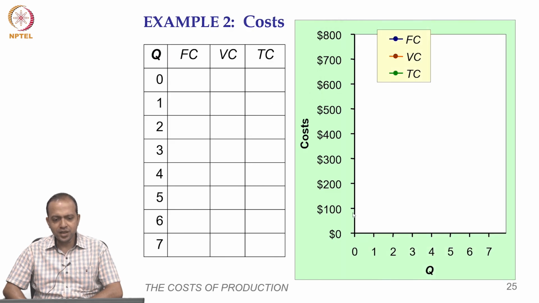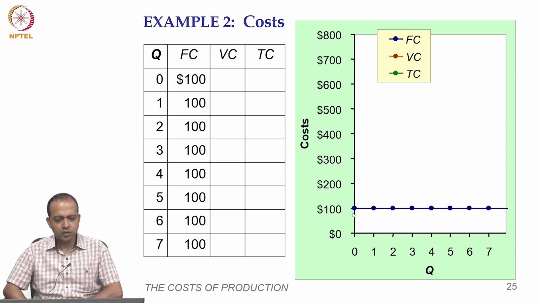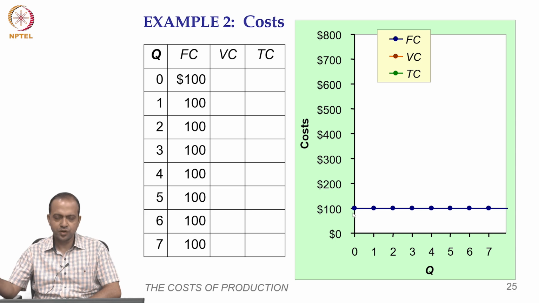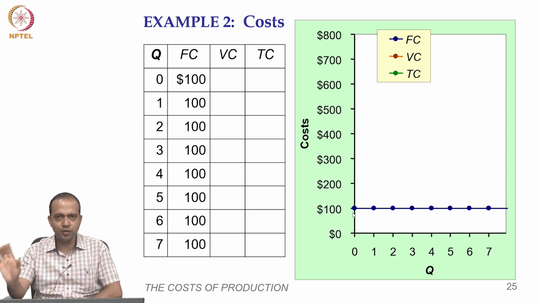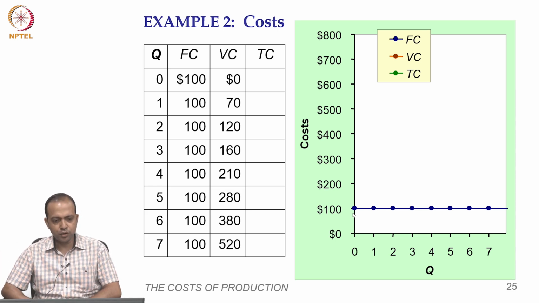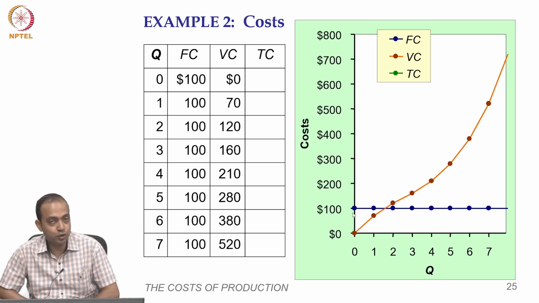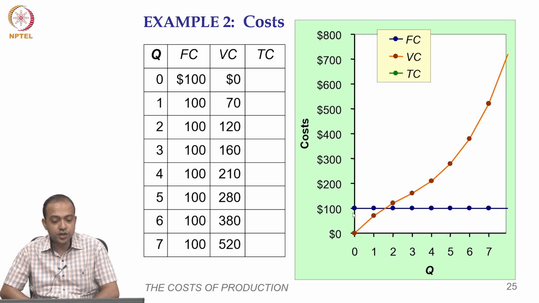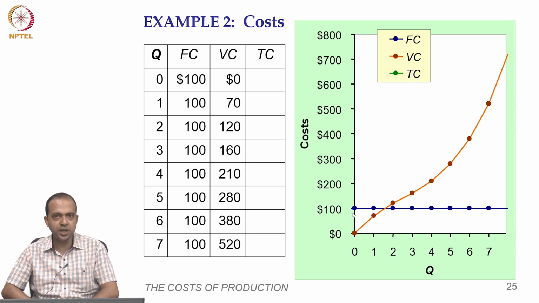So, we can take another example. Let us say this is the fixed cost amount, $100. So, fixed, it does not change across the level of output. What is the variable cost? Look at this variable. So, this is your variable cost. Look, variable cost starts from the origin 0. So, that means when you are not producing anything, you are not incurring any variable cost.